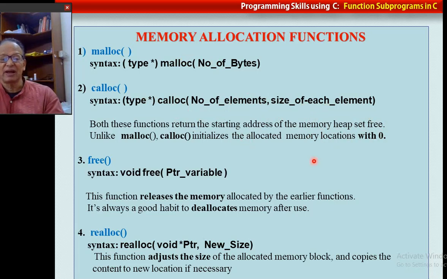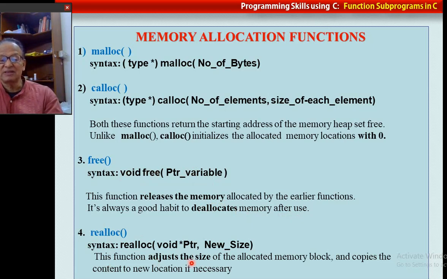Automatically it is initialized. There is one more function called free. It's very important because when you are dealing with pointers, at the end of your program you should free all this memory you have used. It's very simple, you say free and the pointer name, and automatically it releases the memory back to the operating system. So it deallocates memory after use. And then there is one more function called realloc.